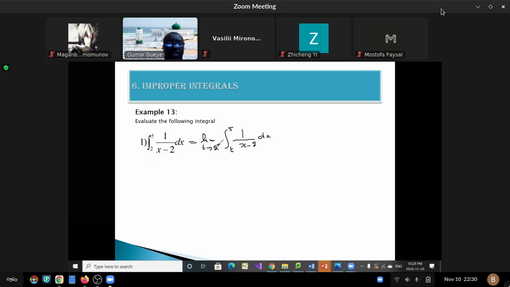Right, exactly, because we're integrating from 2 to 5, and t is moving, going to 2, approaching 2 coming from the right. So that's why I have to calculate the right-hand limit.